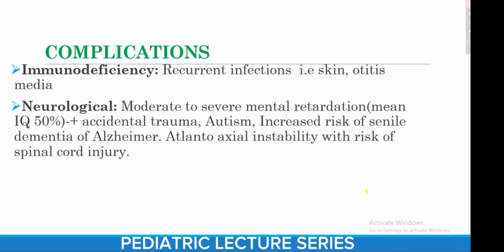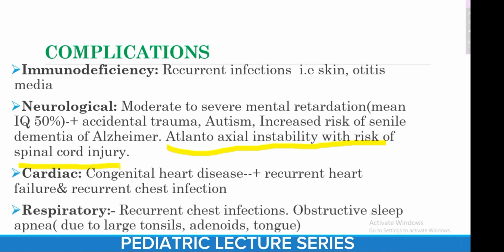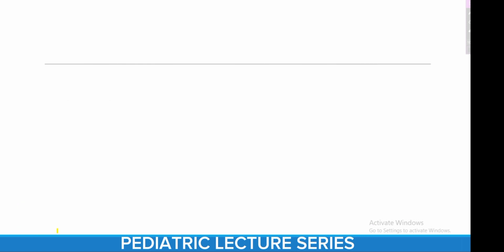Neurologically, you are going to have moderate to severe mental retardation, and you're also going to have atlantoaxial instability with a risk of spinal cord injury. And you're going to have congenital heart diseases, recurrent respiratory chest infections, and also obstructive sleep apnea. It's very, very common in these patients.